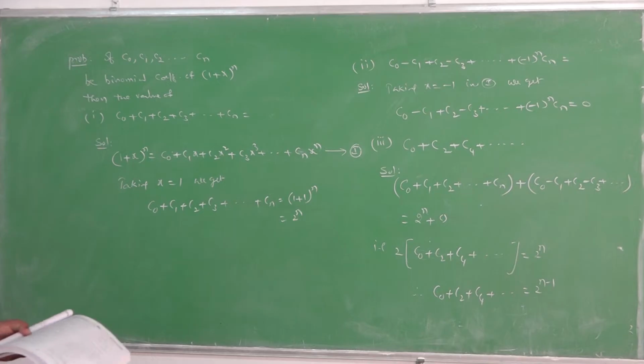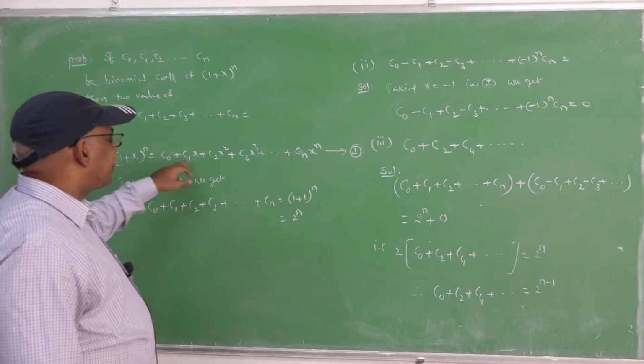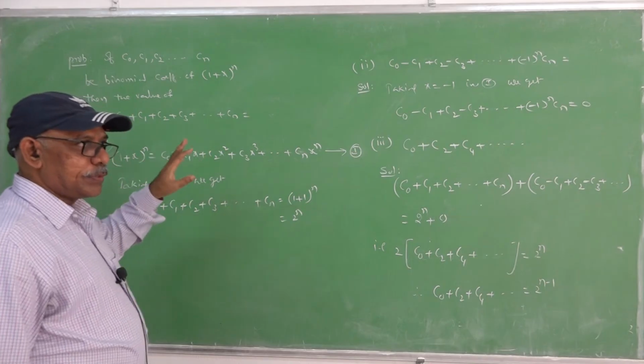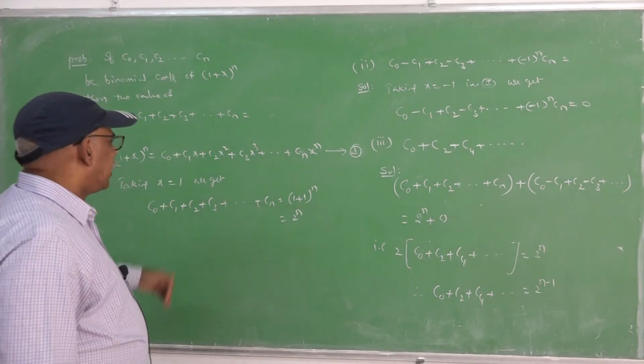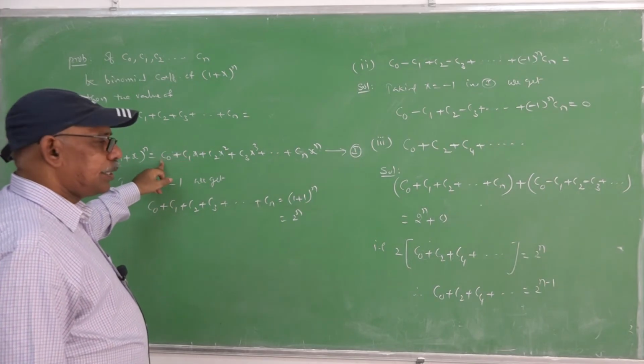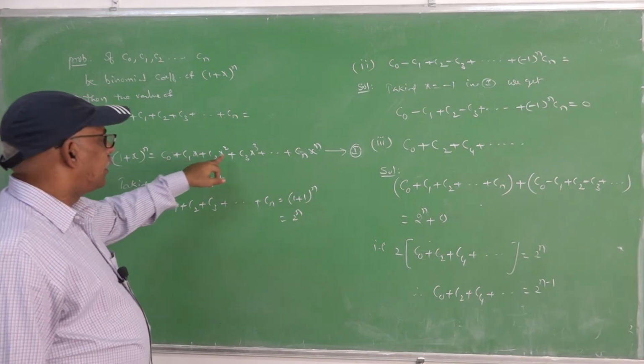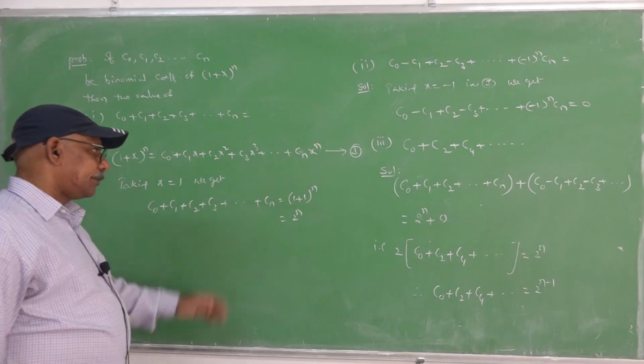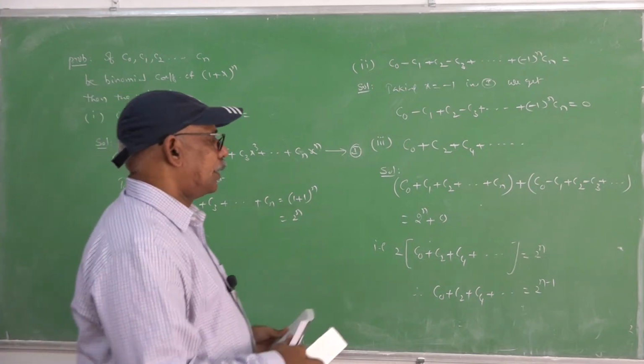Like that, taking different values for x, we get different relations between C0, C1, C2, that means binomial coefficients. Taking x equal to 2, we get C0 plus 2 C1 plus 2 square C2 plus 2 cube C3, like that. We get different results.